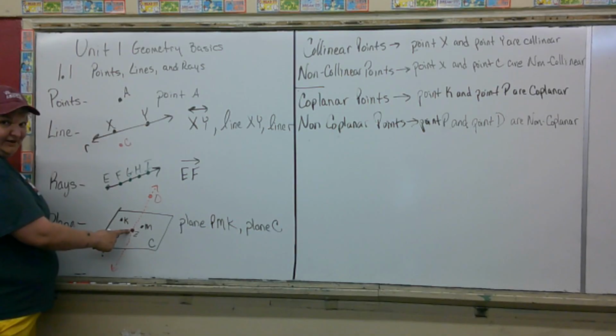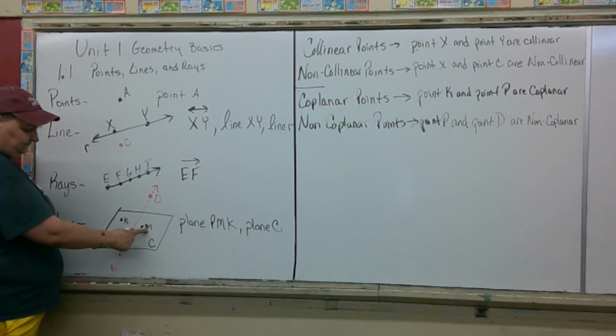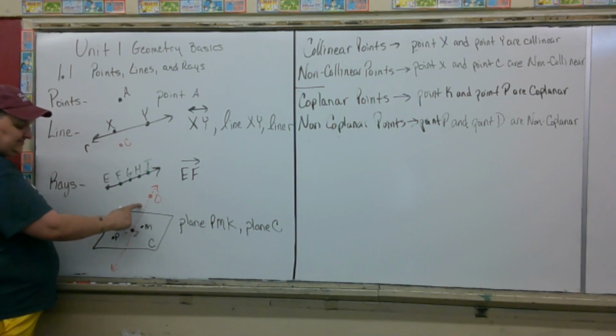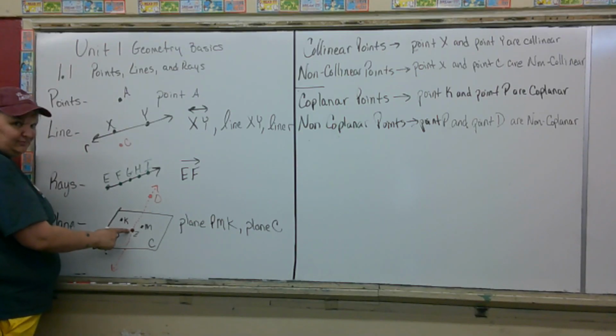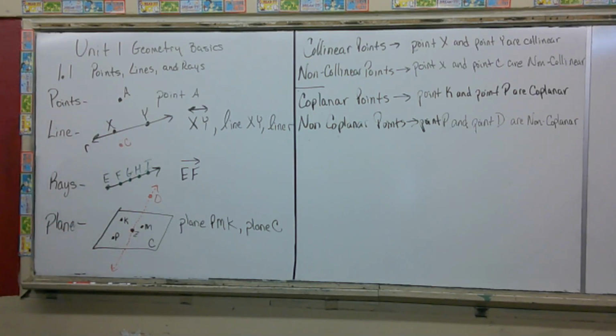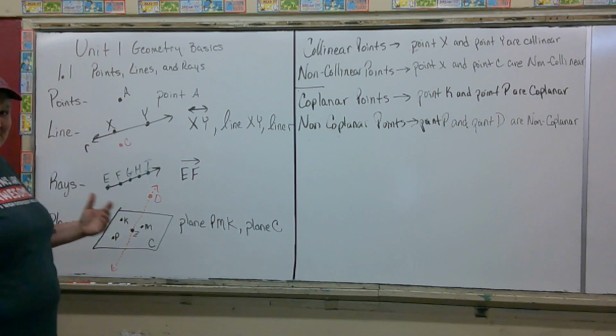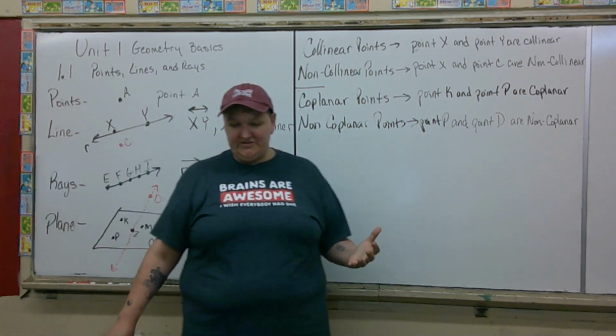These are on the same plane with Z. Or this one is on the same plane with Z. Because this is a whole new plane. And because D is on the same line with Z, they are collinear and coplanar. Don't worry, we'll practice.